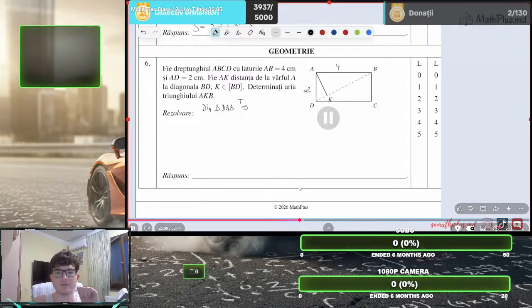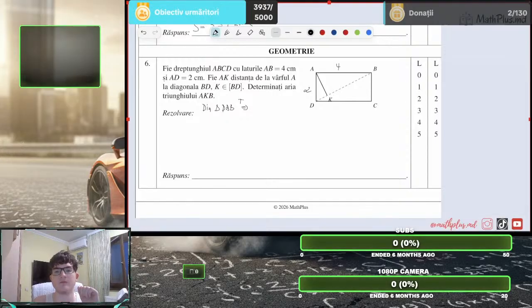Triangle DAB is the big one that encompasses both triangles, so we can use the Pythagorean theorem to solve this, right? This is pretty easy, 90 degrees, so BD to the second power equals AD to the second power plus AB to the second power.